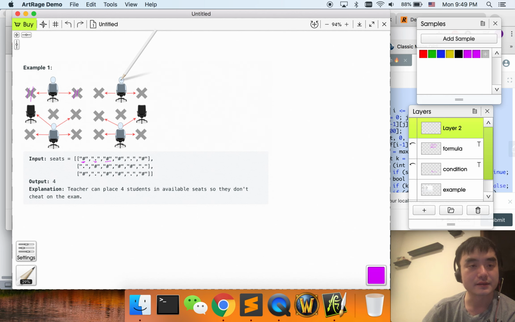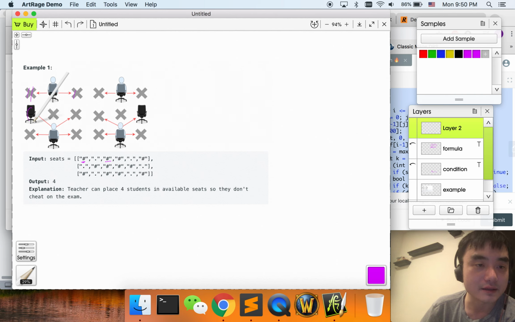And the output here is how many students we can put into the classroom, right? So we need to get the maximum number, right? So in this case, the maximum number of students we can fill in the map is 4, right?